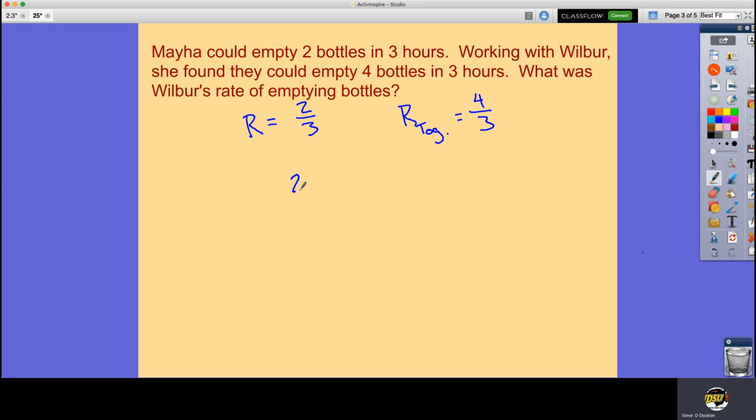If we take Maya's rate and then we add Wilbur's rate, it has to equal 4/3. What does X have to be here? It's got to be 2/3, yeah. So what is Wilbur's rate of emptying bottles? 2/3 of a bottle per hour. Okay, so that one ends up being really straightforward.